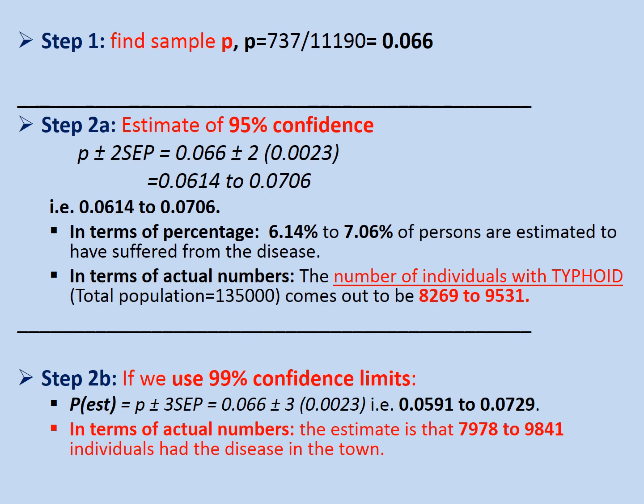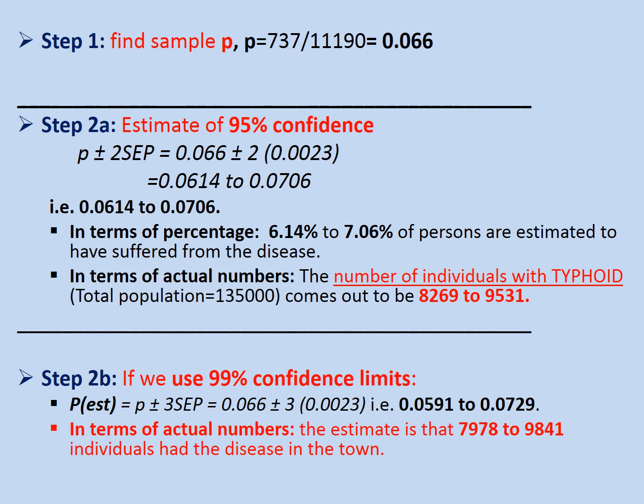If we add and subtract 2 times that value from the sample p, we get the range of the capital P, that is the population proportion, which will be 0.0614 to 0.0706.